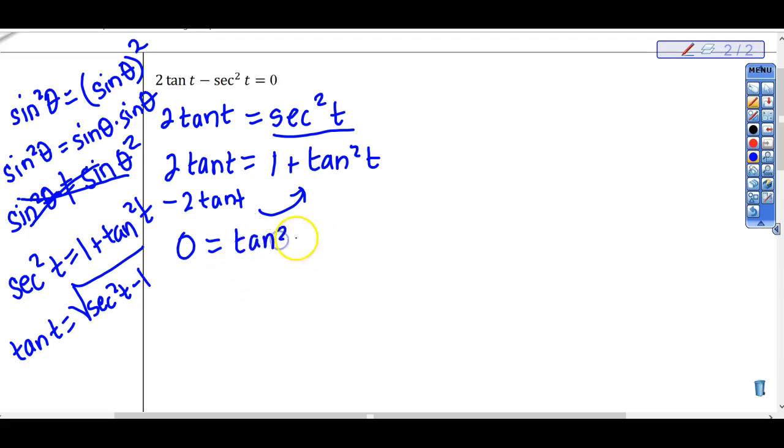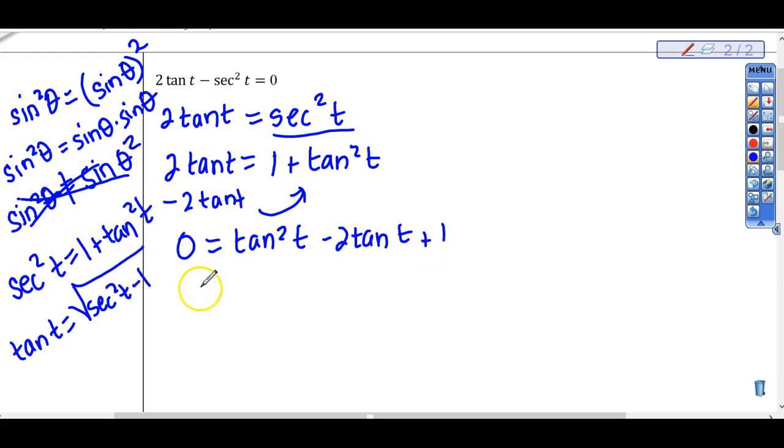So tangent squared t minus 2 tangent t plus 1. Reorganize and move the 2 tangent t to the center of the problem. And of course, at this point, you know that you have the option to replace tangent of t with x and use algebra, right? Do you guys want me to do that, or are you good leaving it in this form?